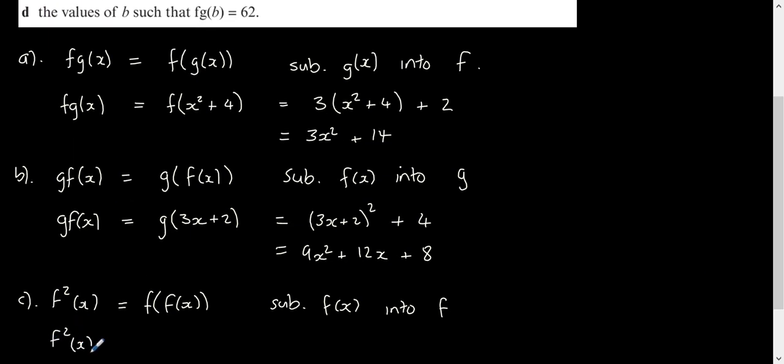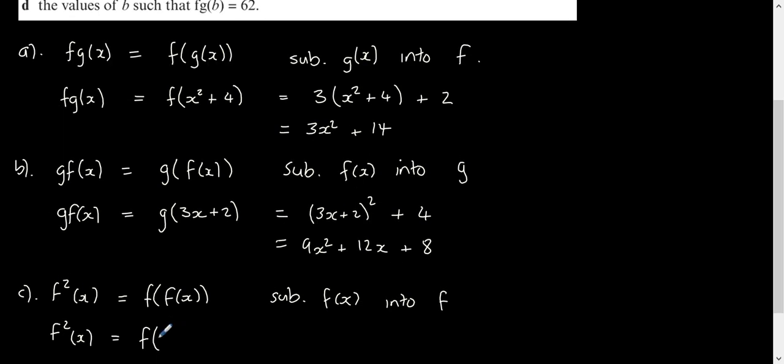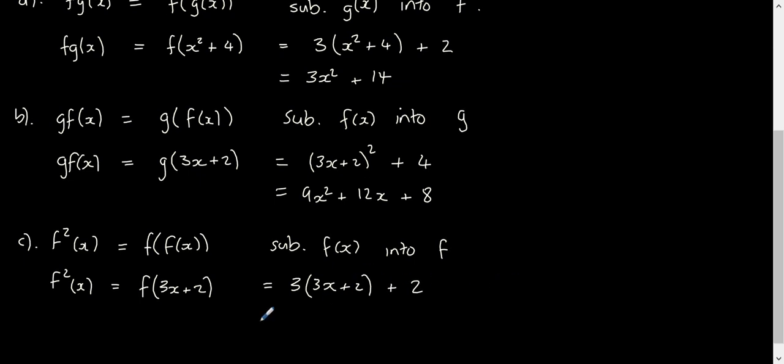So that means f squared x is f of 3x plus 2, which is going to be equal to 3 times (3x plus 2) plus 2. You see how the x has been replaced by the 3x plus 2.